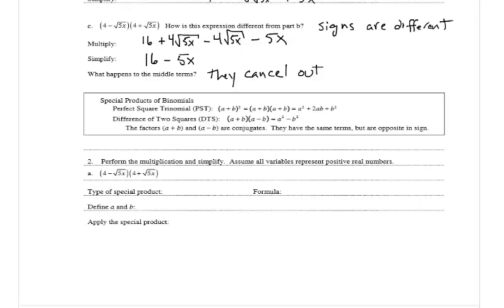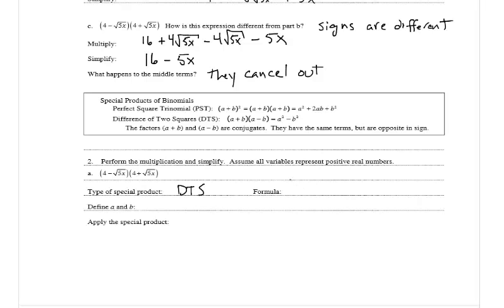In 2, it says perform the multiplication and simplify. Assume all variables represent positive real numbers. In A, we have 4 minus the square root of 5x times 4 plus the square root of 5x. And then it asks what type of special product we have, and we have the difference of two squares, so DTS. And now it wants to know the formula.